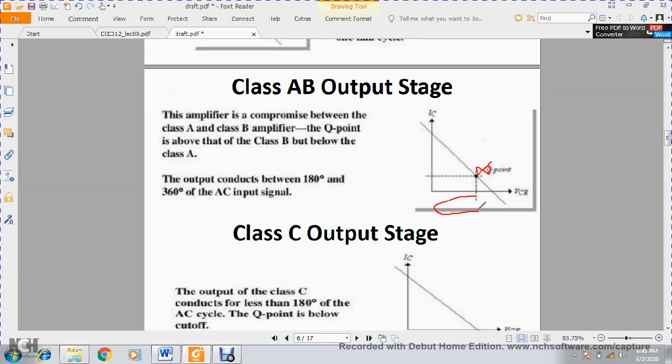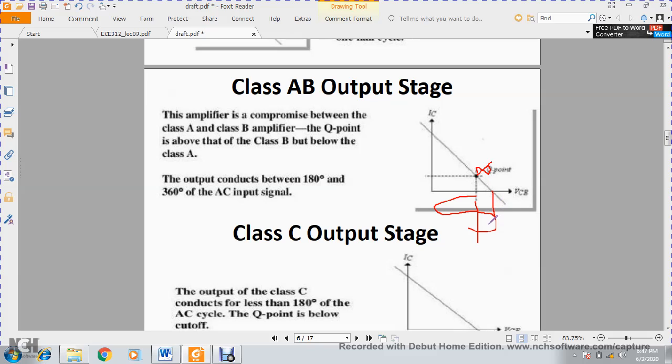This is for a positive input signal; you get a positive amplified output voltage. For a negative input signal, you will get something like this. This is the reference, sorry. So this is the reference, and this is where it is going to clip off. At the output voltage you won't get the complete output voltage.